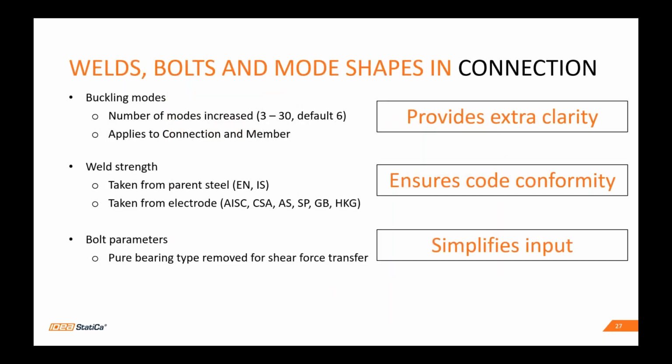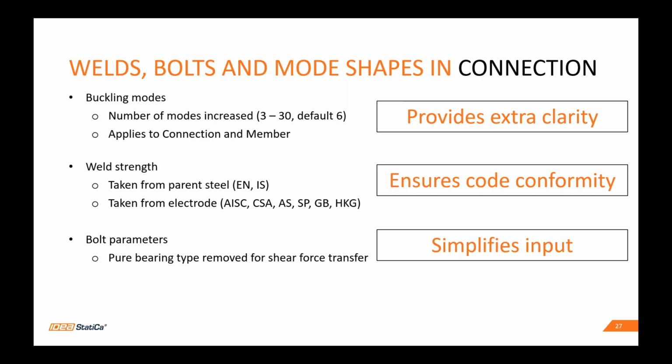There have been some improvements with welds, bolts, and buckling modes in connection to provide clarity, conformity, and to simplify input. With buckling modes, we've increased the number of modes to 30.